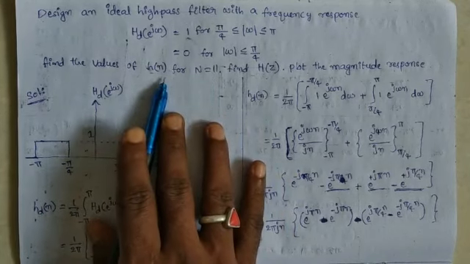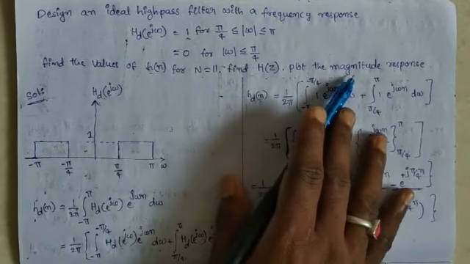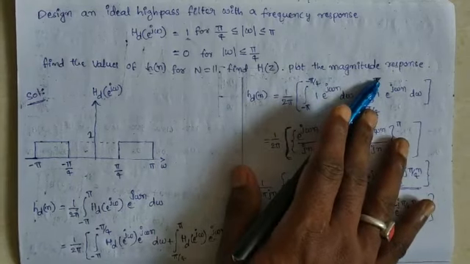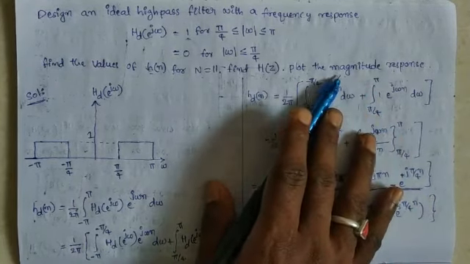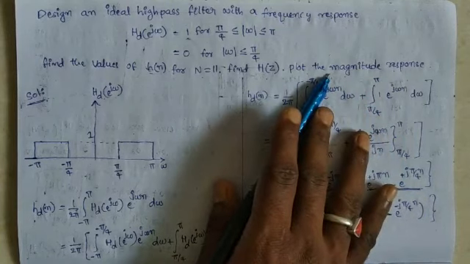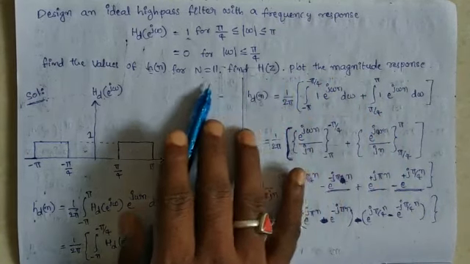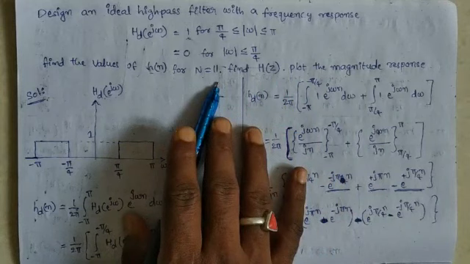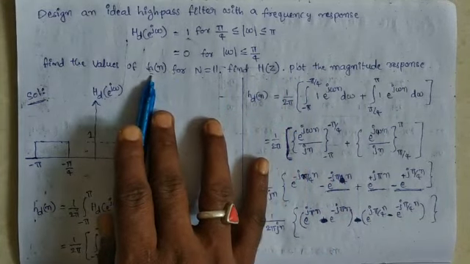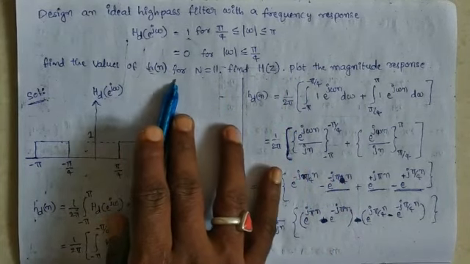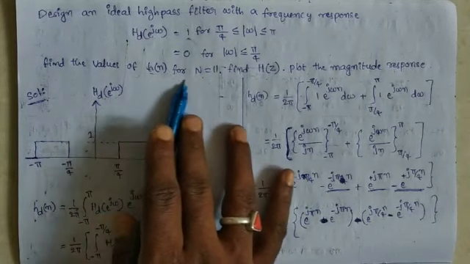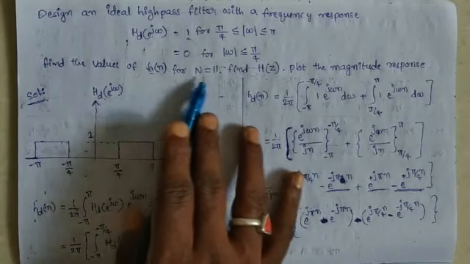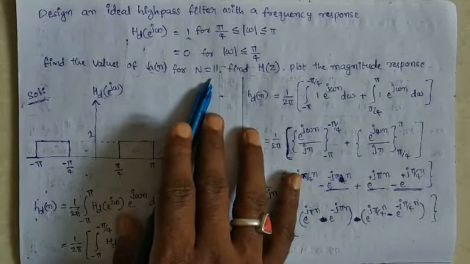After determining the impulse response we determine the magnitude response. For determining the magnitude response, first we determine the frequency response of the FIR filter from the impulse response h of n.